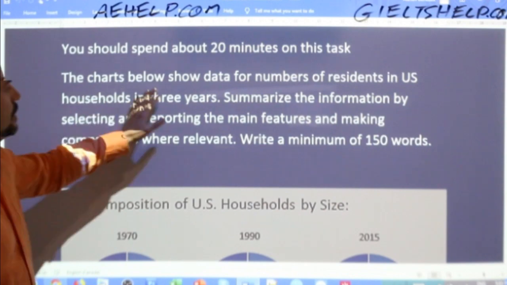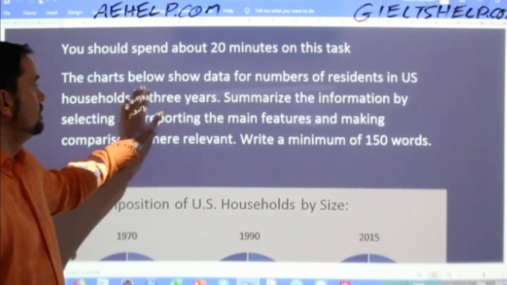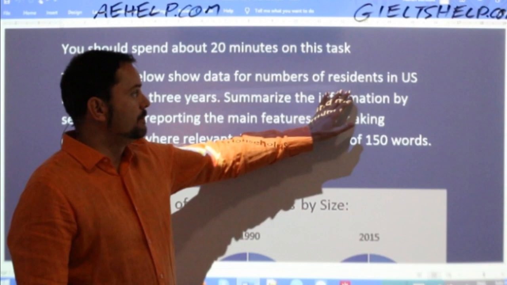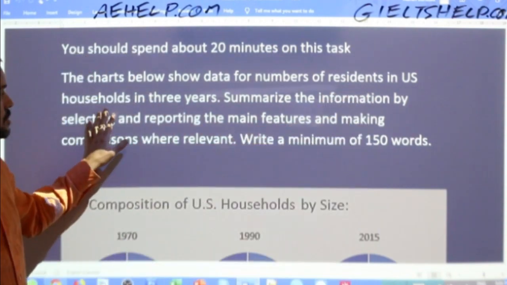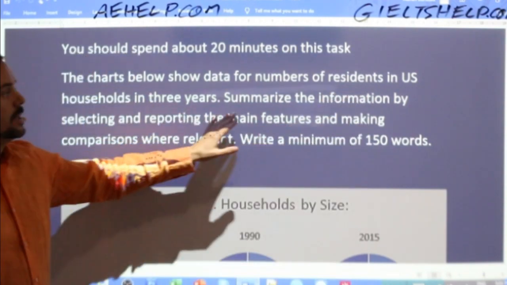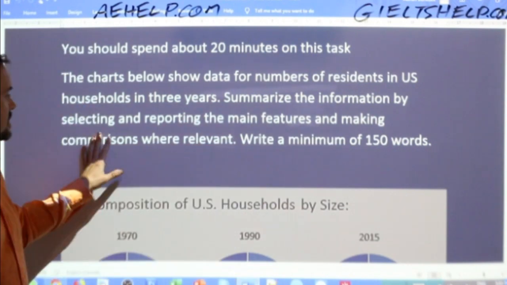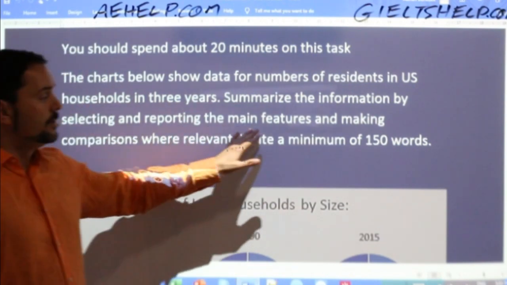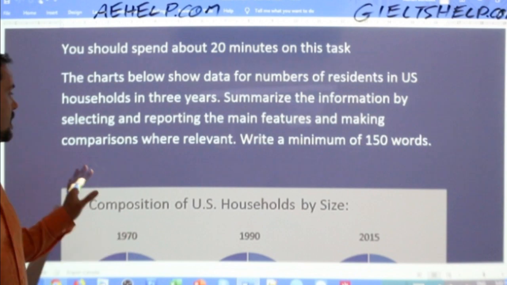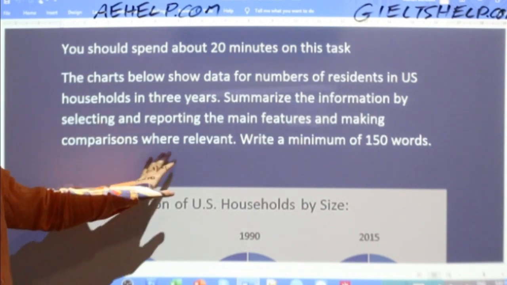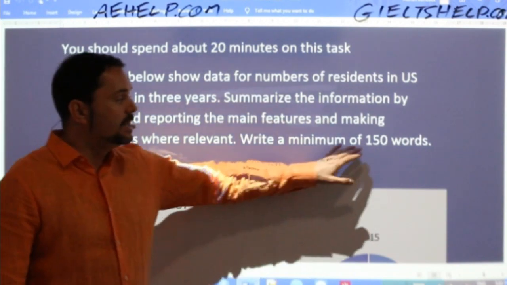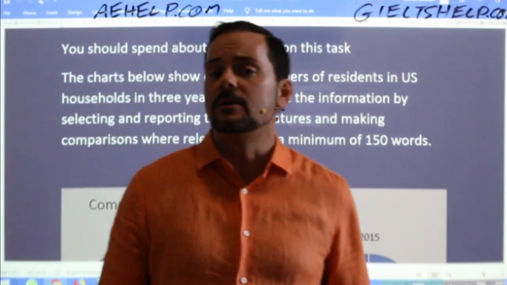The charts below show data for numbers of residents in U.S. households in 3 years. Summarize the information by selecting and reporting the main features and making comparisons where relevant. Write a minimum of 150 words.